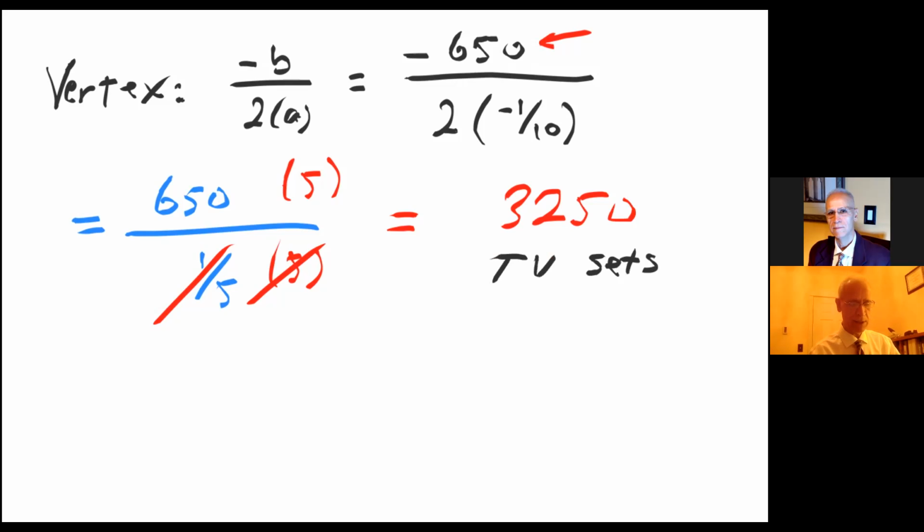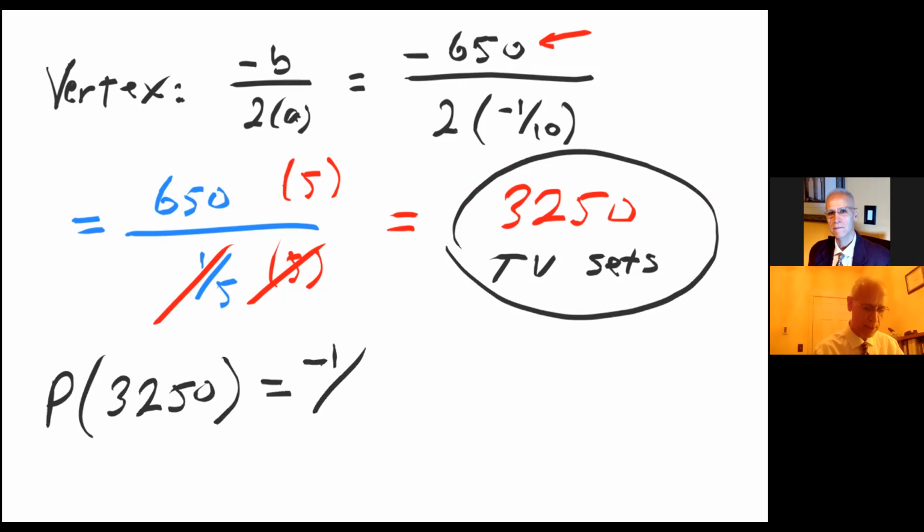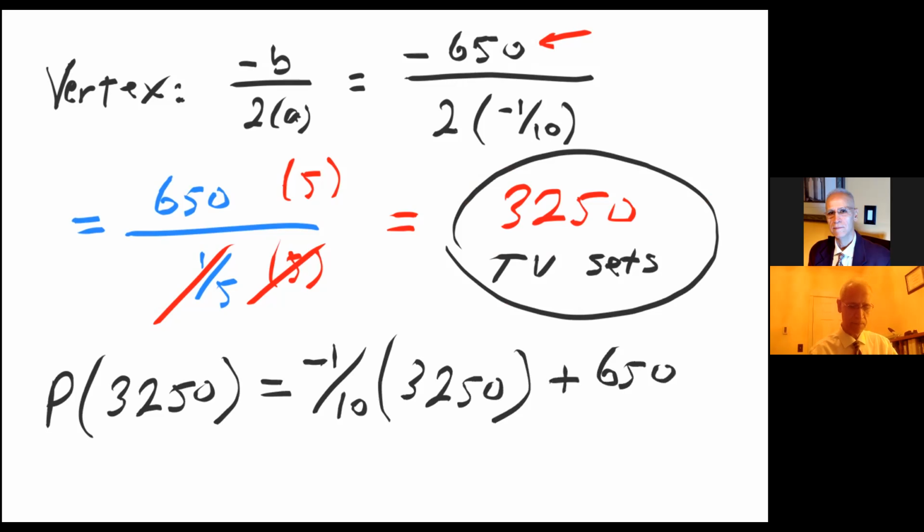But the question is asking us how much rebate. What can we do? We can find the price related with this. We know that the price of 3,250 equals negative 1/10 times 3,250, and then plus 650.